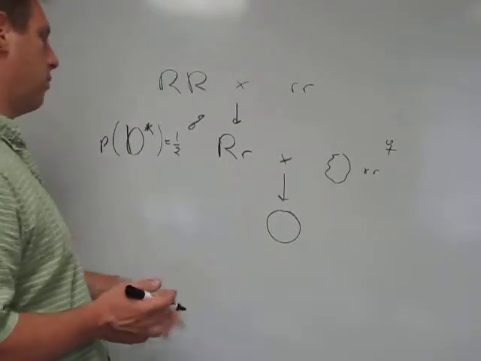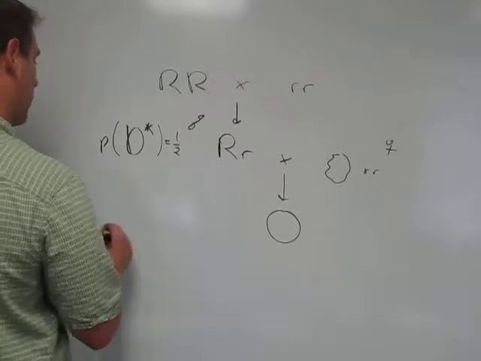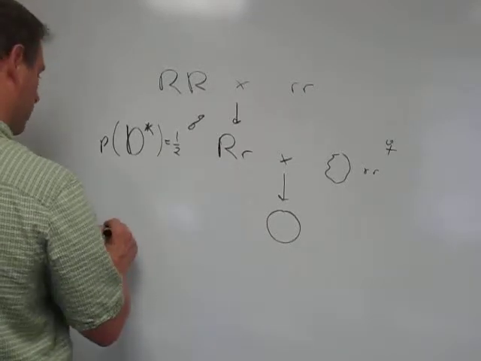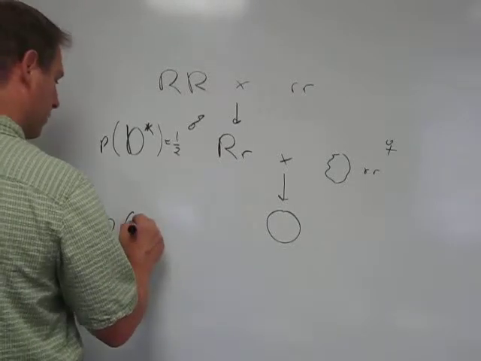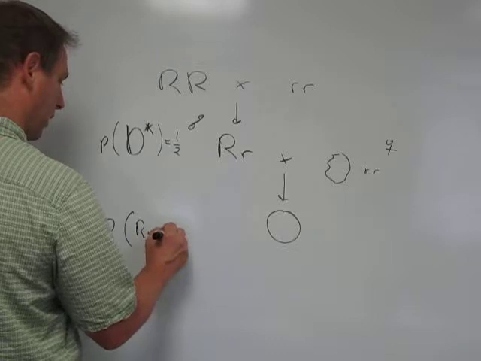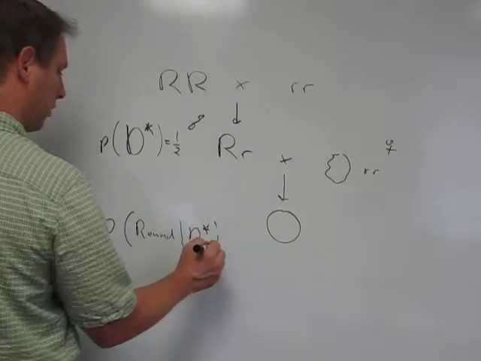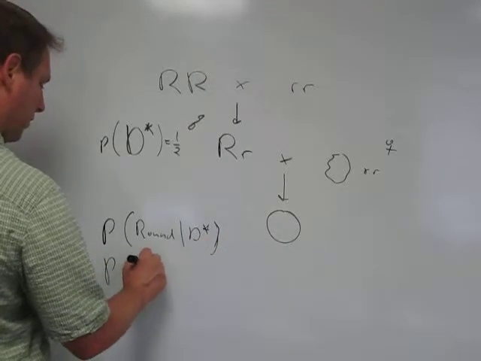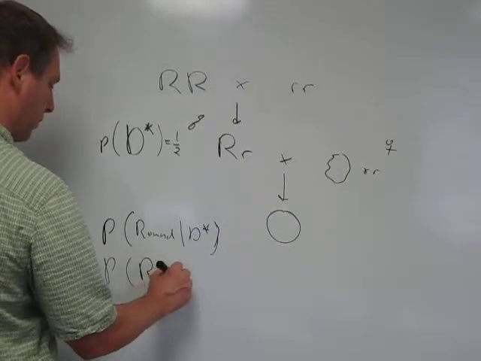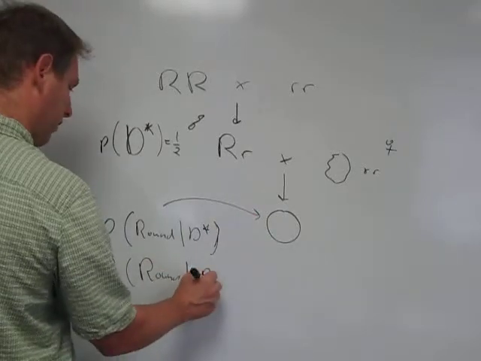But to get to that point, we have to ask two other questions. Given that this individual is D star, we want to ask what's the probability that we would observe a round P bearing plant. And of course we also are going to probably need to know the probability of observing a round P bearing plant, given that it's not D star.